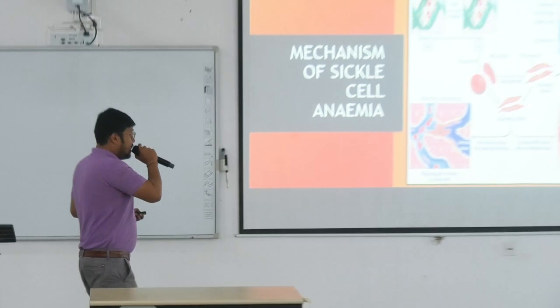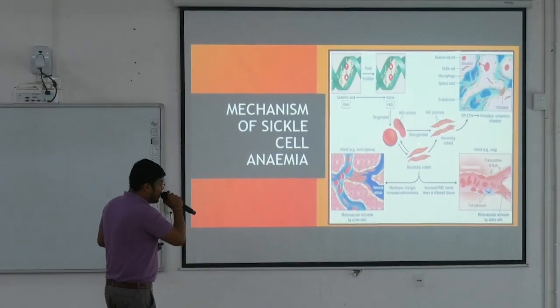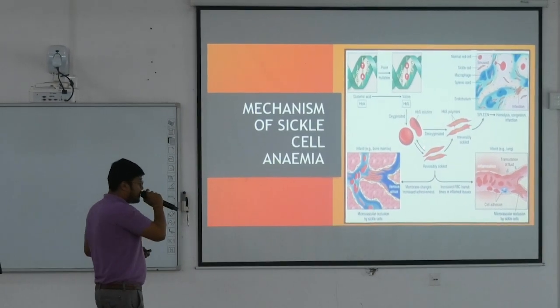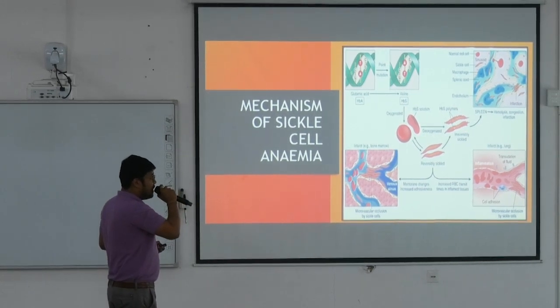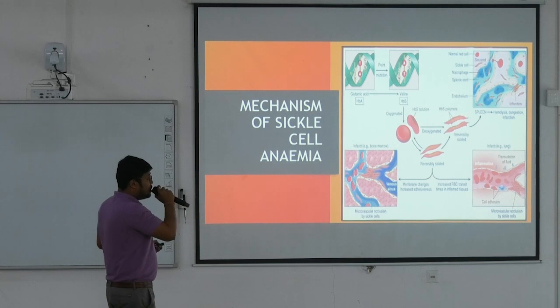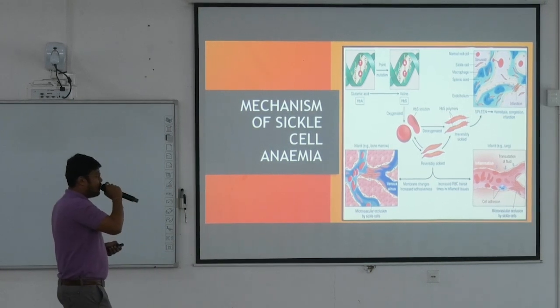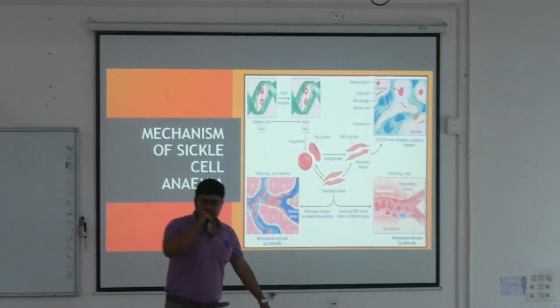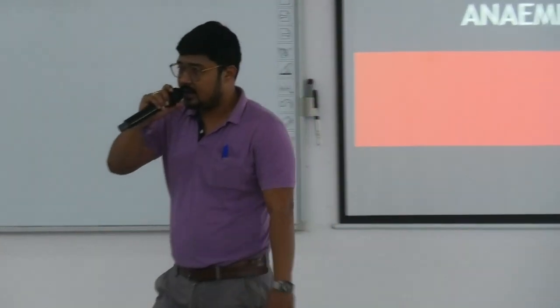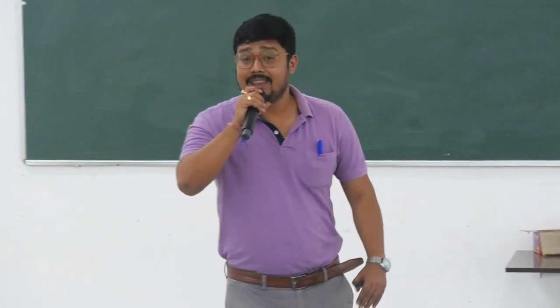So as long as it is reversibly sickled, if the deoxygenation continues in its severity, then the cells become irreversibly sickled due to hemoglobin S polymerization. So hemoglobin A is very different from hemoglobin S in terms of its increased adhesiveness, increased aggregability, increased stickiness.